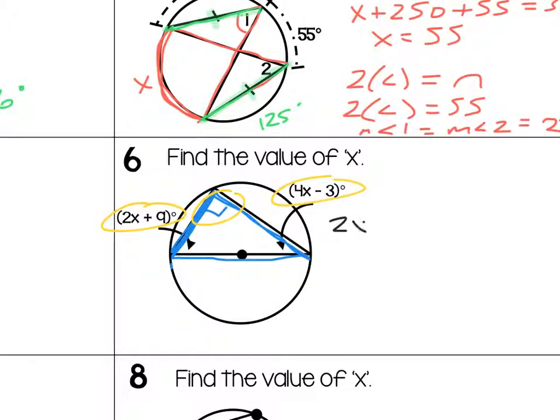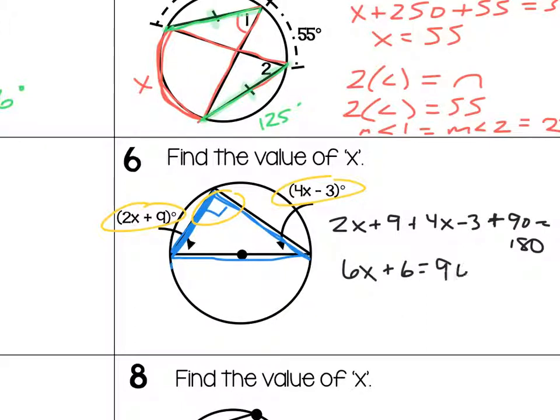So 2x plus 9 plus 4x minus 3 plus 90 equals 180. So 6x plus 6 equals 90. 90 minus 6, divide by 6, and I get that x equals 14.